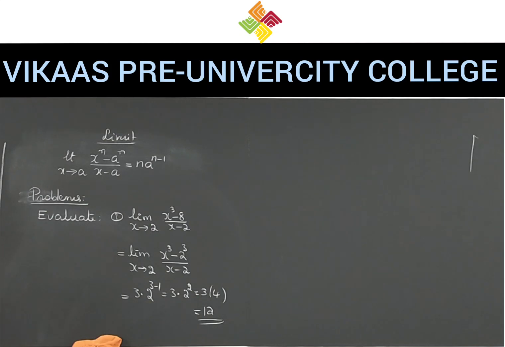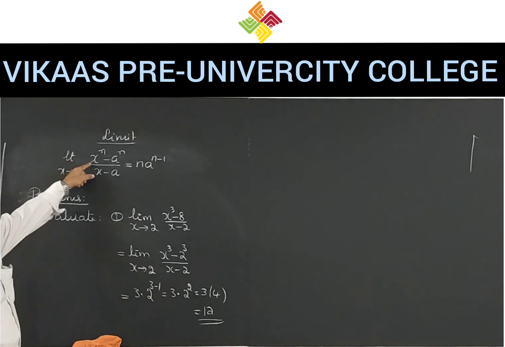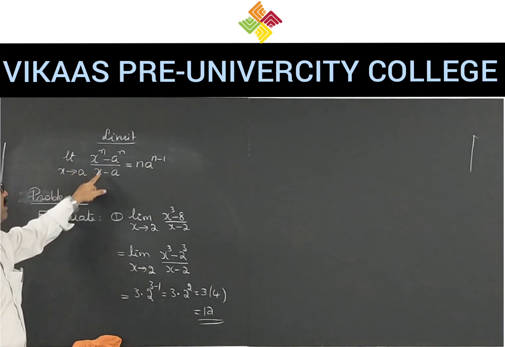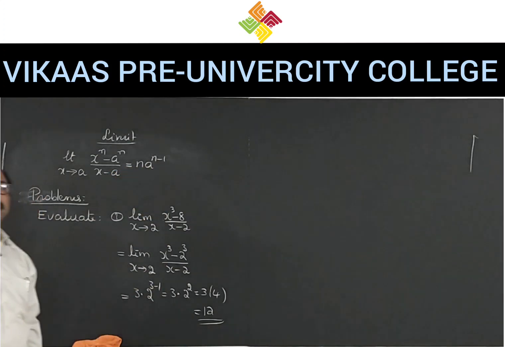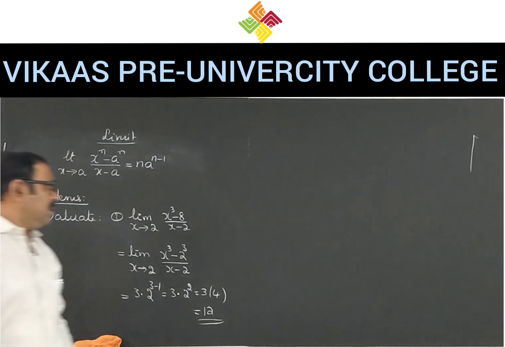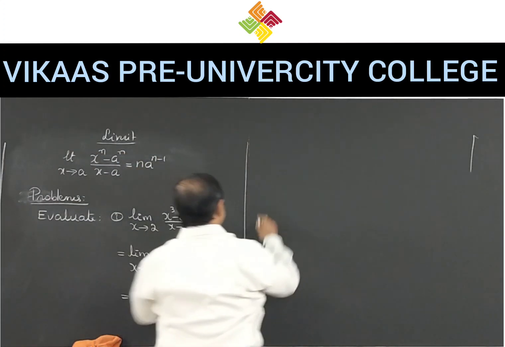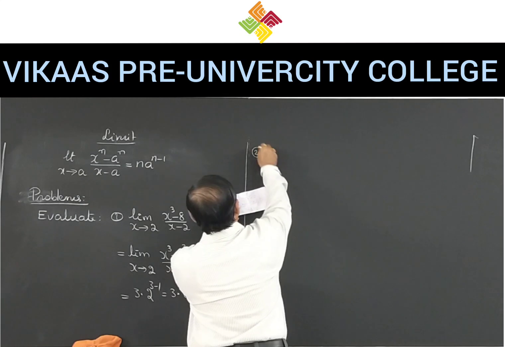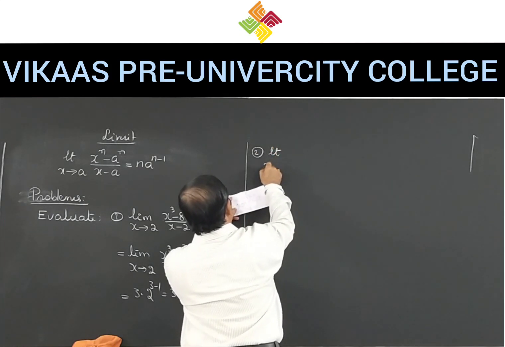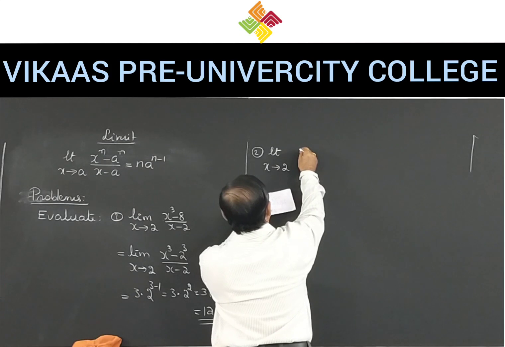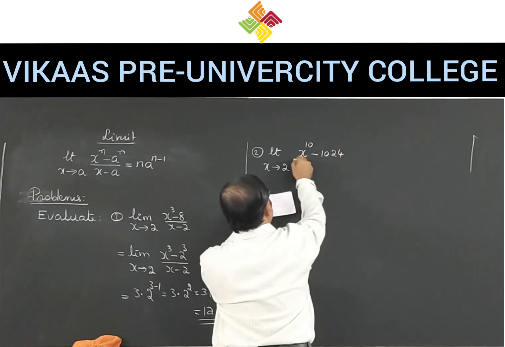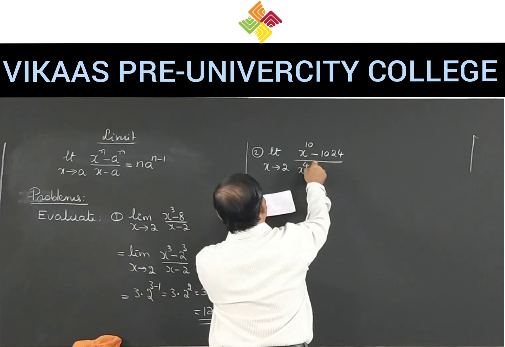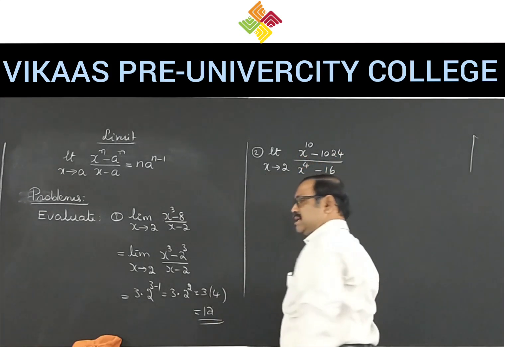Follow this. So it is an application of limit x tending to a of (x power n minus a power n) by (x minus a) equal to n into a to the power n minus 1. Now, similarly, let us work out one more problem: limit x tending to 2 of (x to the power 10 minus 1024) by (x power 4 minus 16).